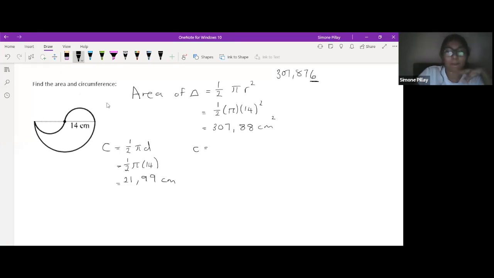And then, do you agree with me that we've now calculated this section over here, the first circumference? Do you agree that this part over here is going to be the same? Yes, ma'am. So it's also going to be 21,99.